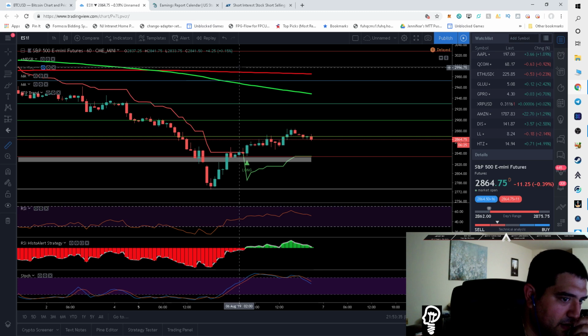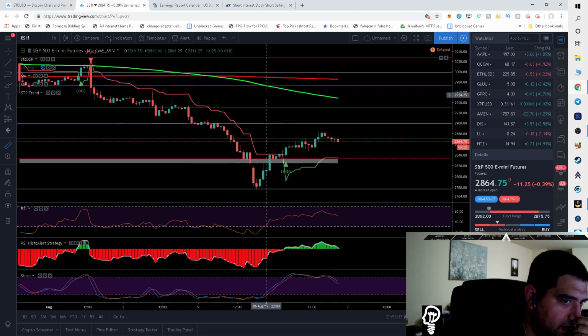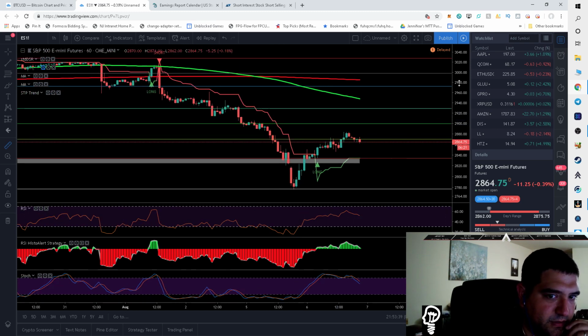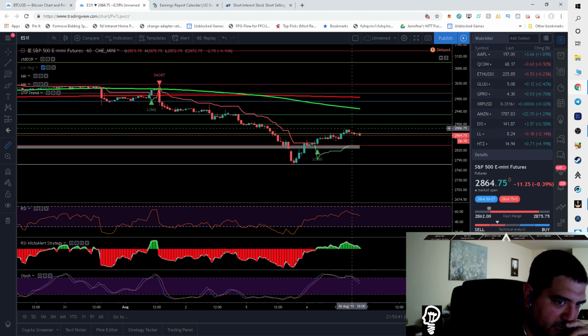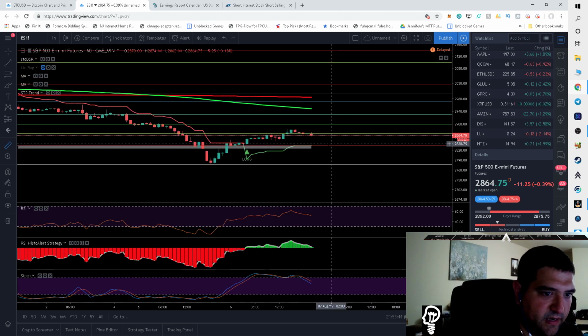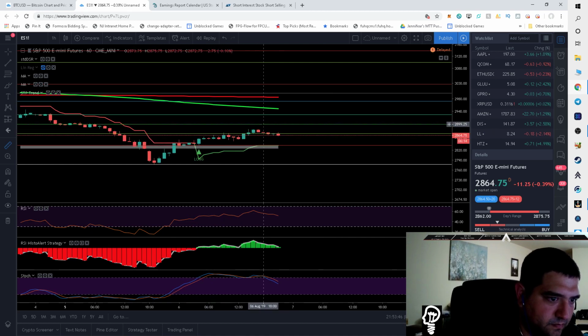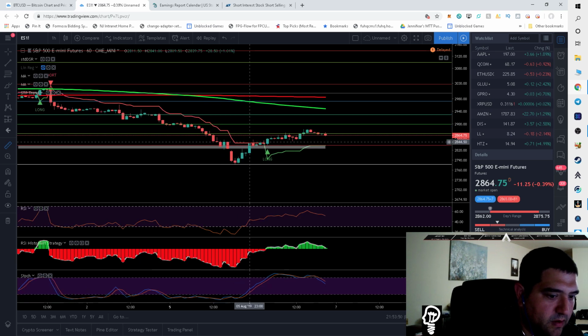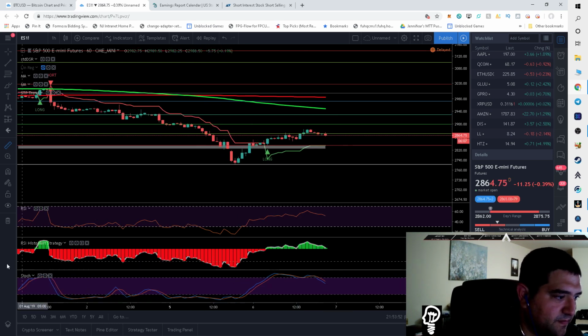Yeah. I mean, just based on technicals, right? We couldn't sustain up. We did actually make some higher lows, so we did get a long on the hourly. But this looks kind of bearish, man.